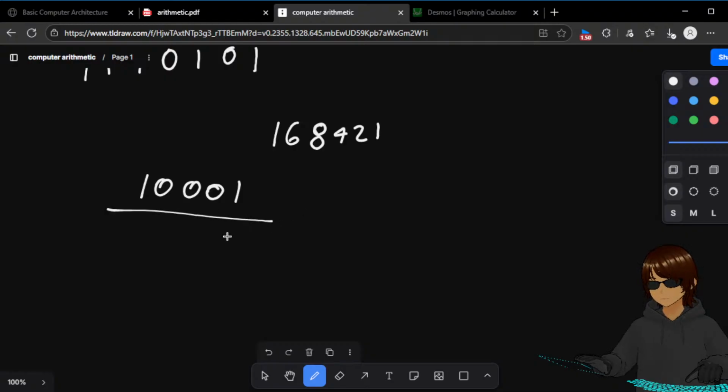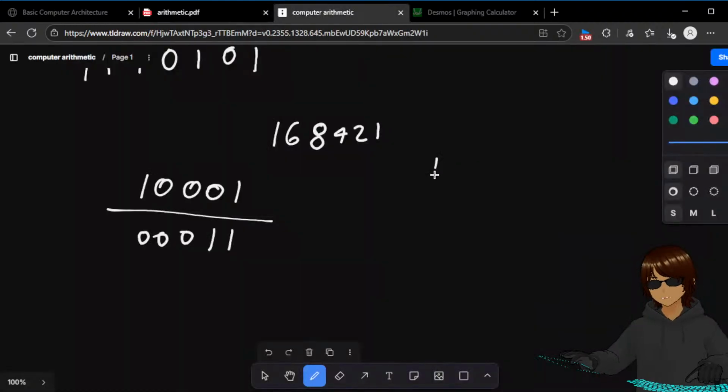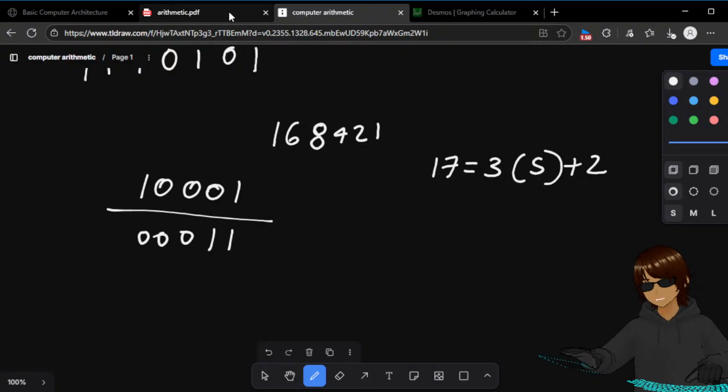Okay, let's try this. Then 17 is equal to 3 times... Quotient is 5, right? 3 times 5 is 15 plus 2, 17.